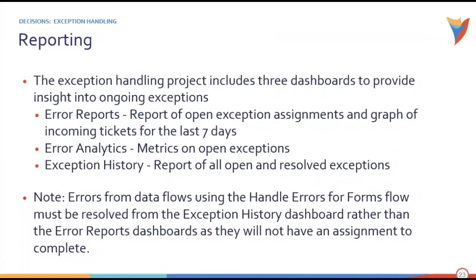That includes error reports, error analytics, and exception history. Error reports show open exception assignments and a graph of incoming tickets for the last 7 days, while error analytics gives us metrics on open exceptions. The exception history is a report of all open and resolved exceptions.